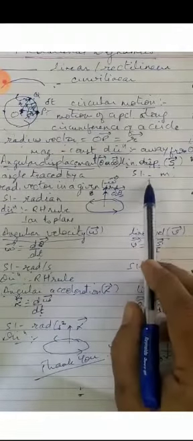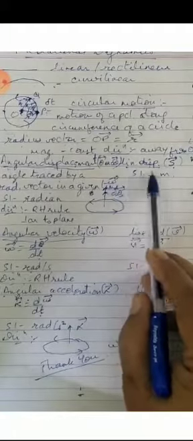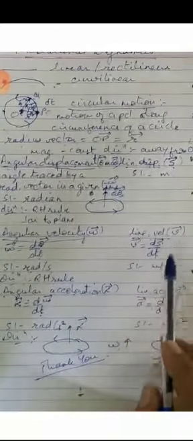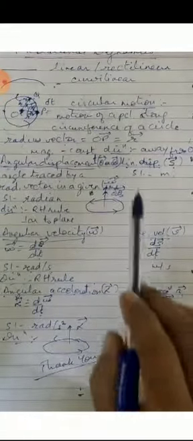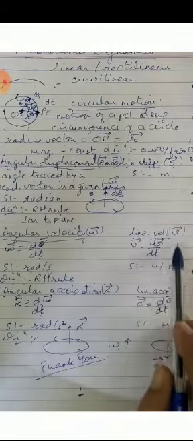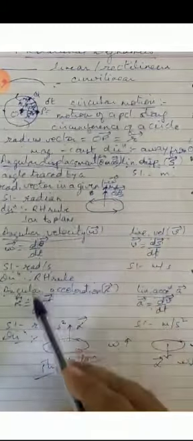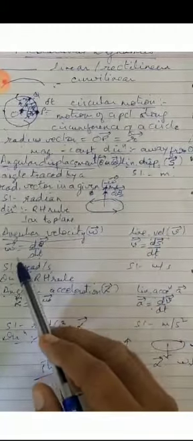In linear motion we already learned in 9th and 10th standard: linear displacement S, linear velocity V, linear acceleration A. These three physical quantities, theta, omega and alpha, are similar to S, V and A. These are in linear motion and these are in circular motion.